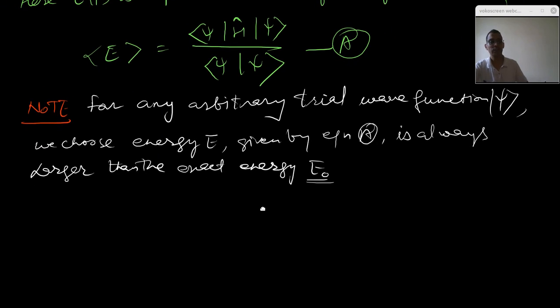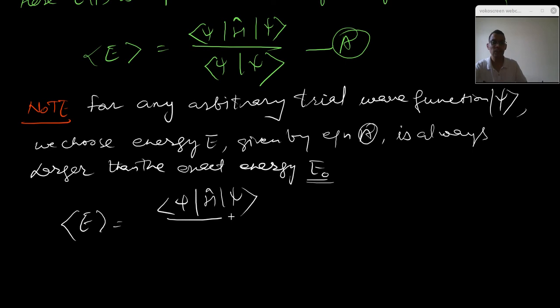Therefore, using this note, we can write E equals the scalar product of psi with H psi over the scalar product of psi with psi, and it is always greater than or equal to E naught.